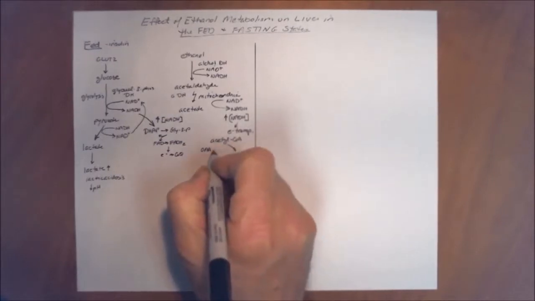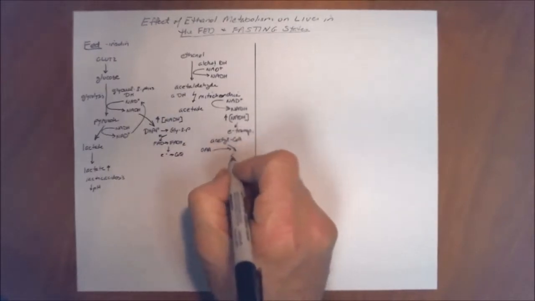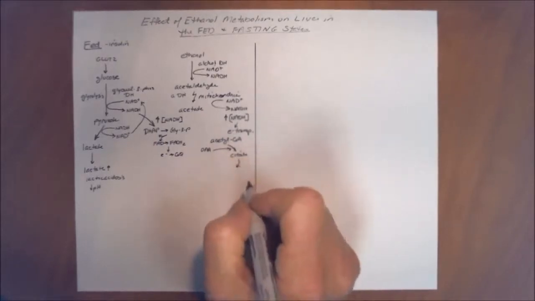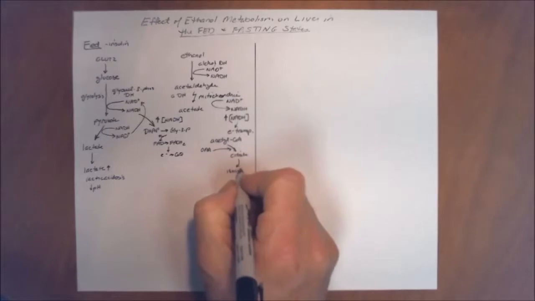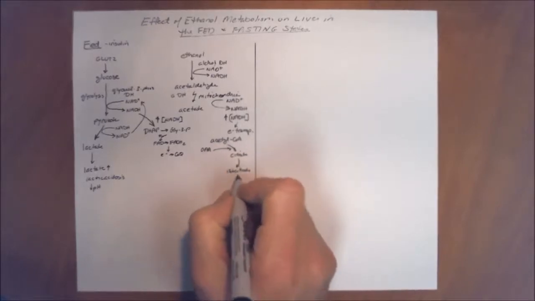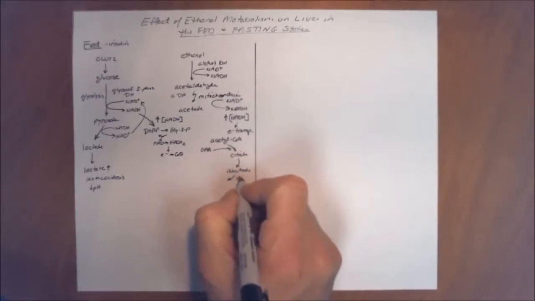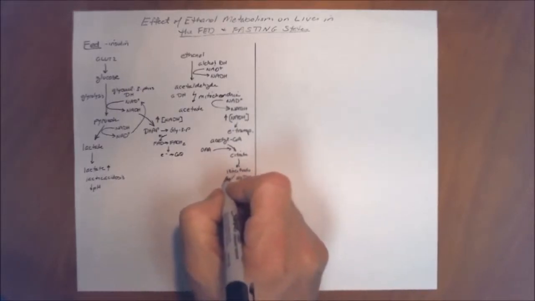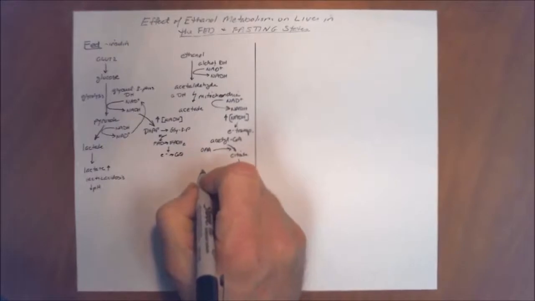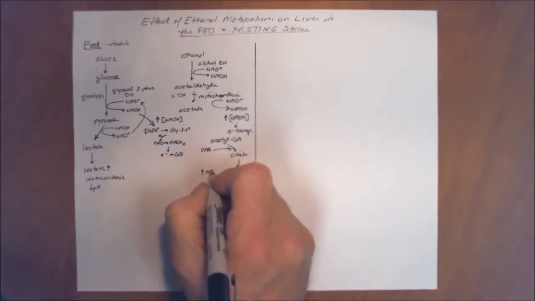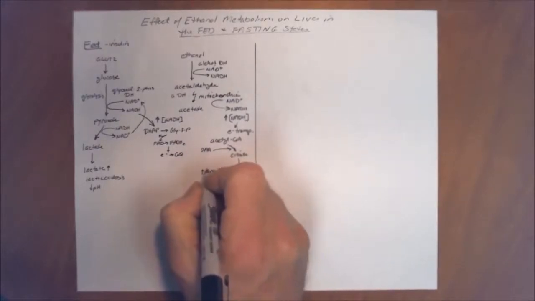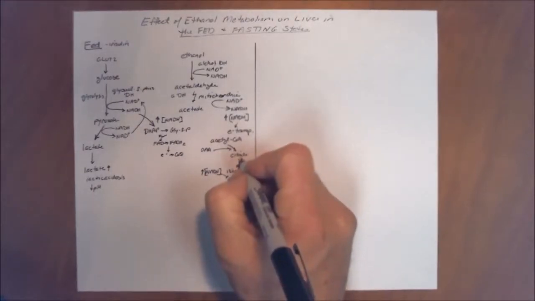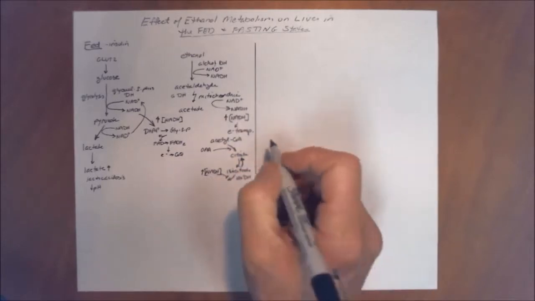So acetyl-CoA and oxaloacetate will condense to form citrate, and then the next reaction forms isocitrate. But then recall the isocitrate dehydrogenase enzyme will be inhibited by high levels of NADH. This will cause the aconitase enzyme to reverse, building up citrate.